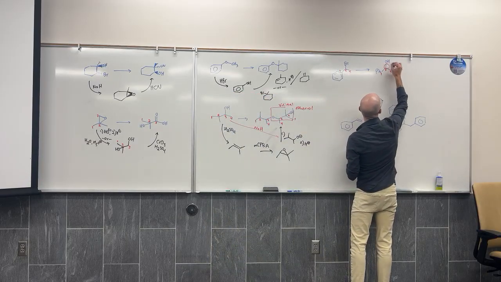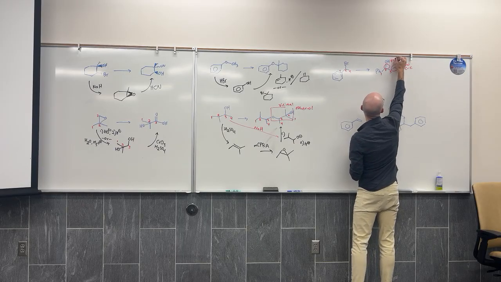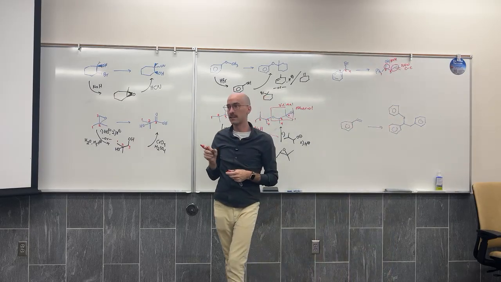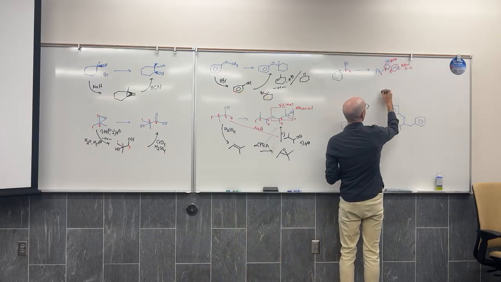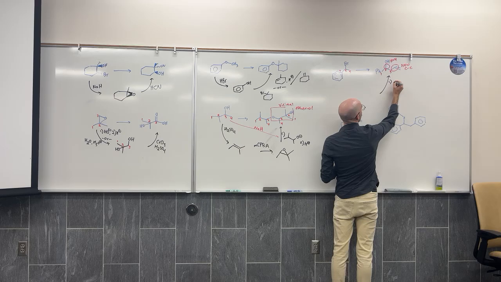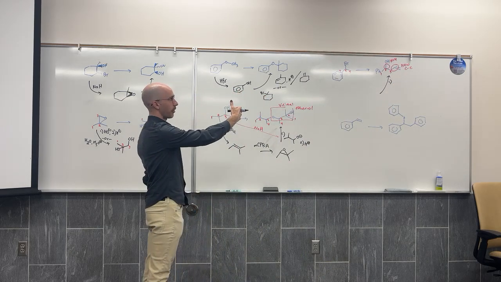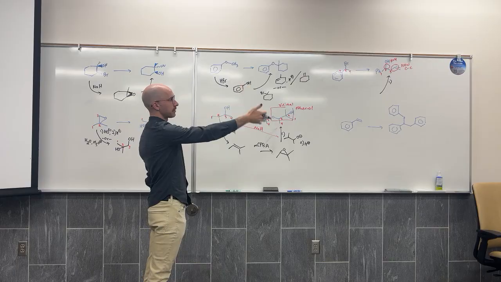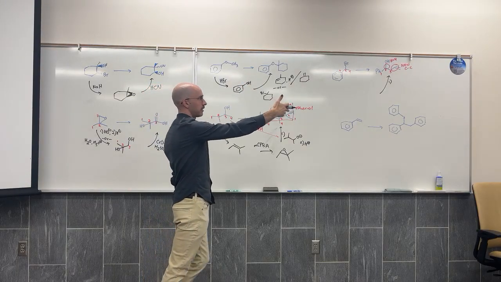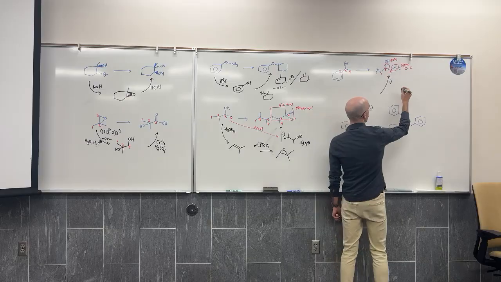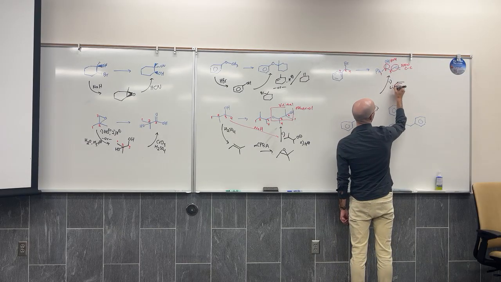New carbon-carbon bond vicinal to an alcohol. That again says epoxide ring opening. Epoxide ring opening with a nucleophile. You can see carbon-3 in the starting material. You can see carbon-3 in the product. Carbon-3 is bonding to an alkene group. So I want my alkene to be the nucleophile.